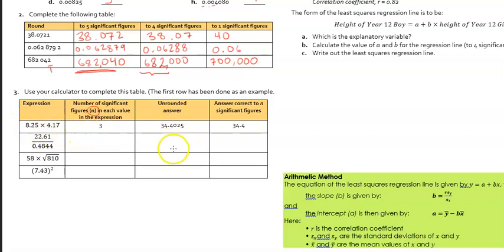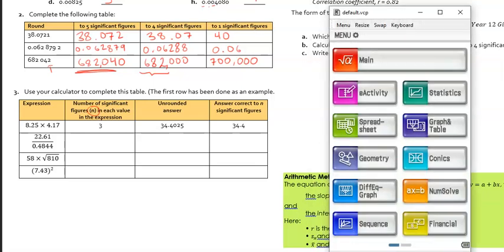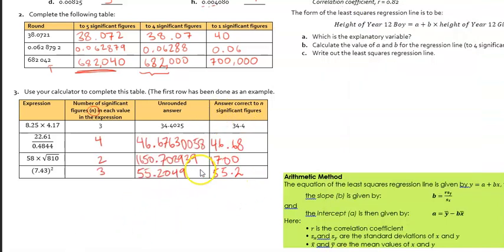We're going to get an unrounded answer, which I'll get using the class-based calculator, and then I will get a correct answer to n significant figures. So what we've worked out here, in this case, there are 3 significant figures for each of them. When you have an unrounded answer, you get this when you just multiply those 2 figures. But then when rounded to 3 significant figures, this is your answer here. Again, I'll go ahead and pause it, and you should get solutions.